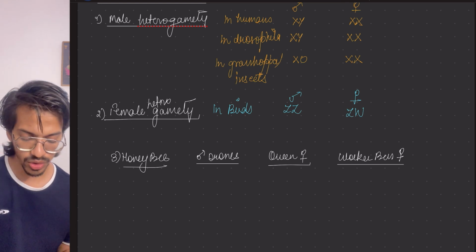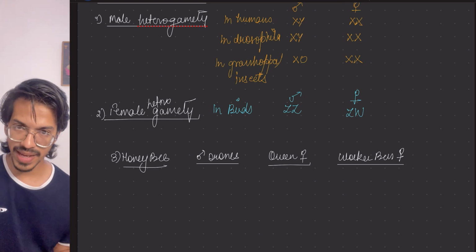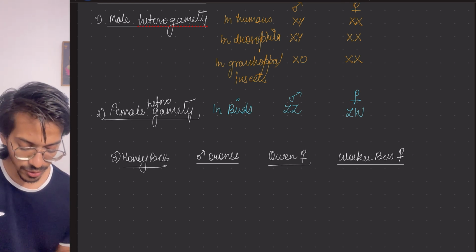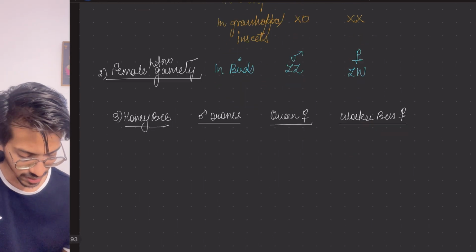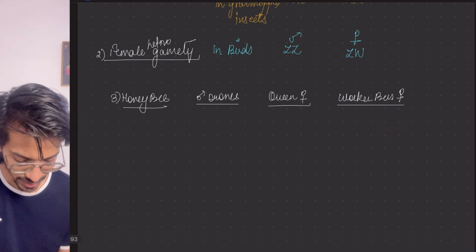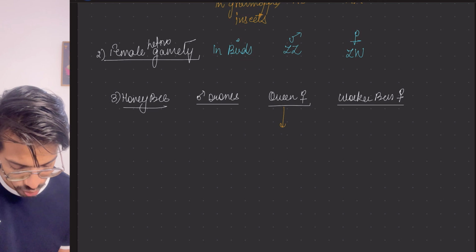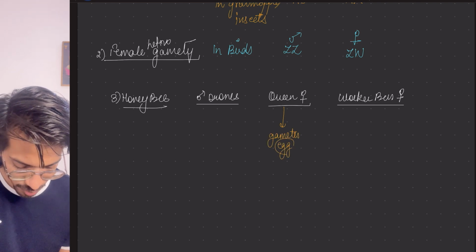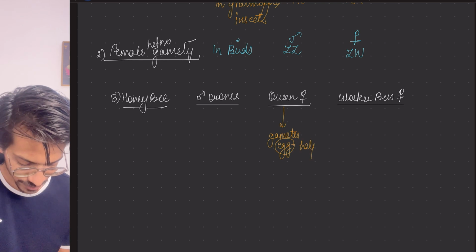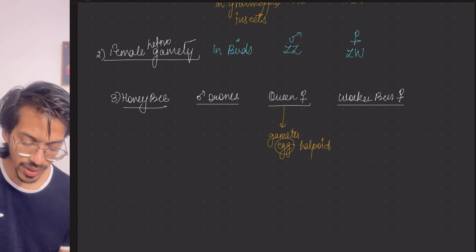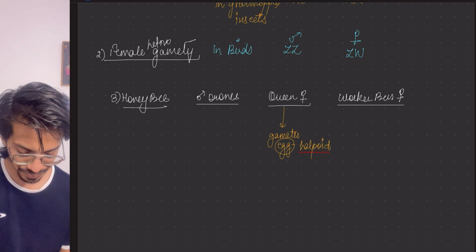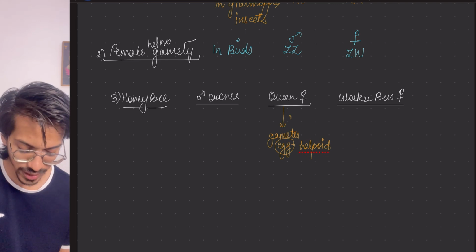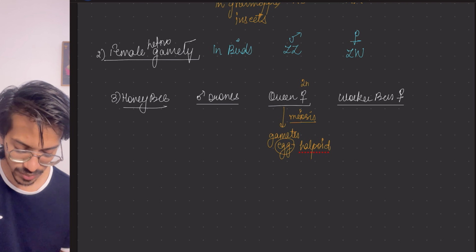So the female lays eggs. The female will produce gametes, which are known as eggs. They will be haploid, and these haploid eggs are produced with the help of meiosis, because the female is diploid.